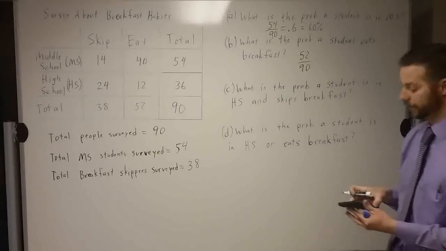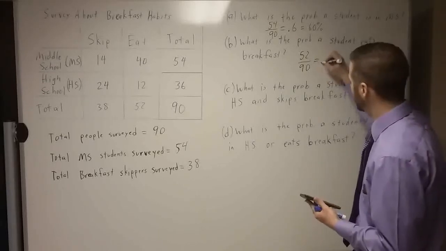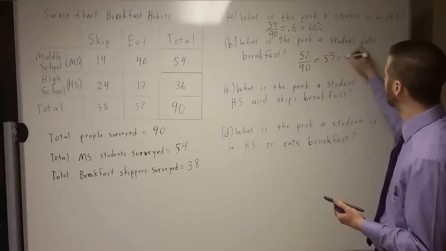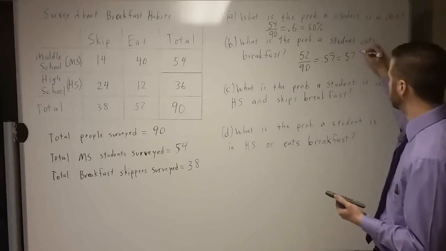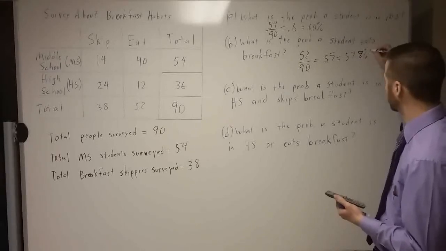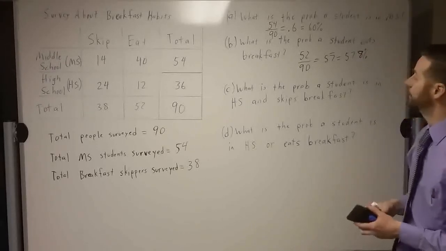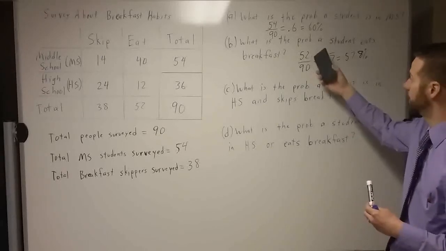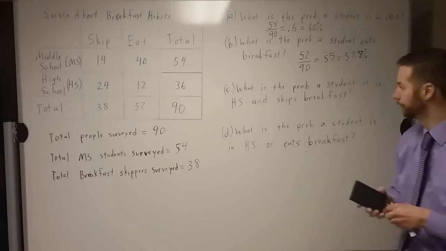It's not quite as nice on this one, 0.57 repeating, or about 57.8% if we round up. And so that's the probability that a student eats breakfast. We have 52 breakfast eaters out of the 90 students we surveyed.